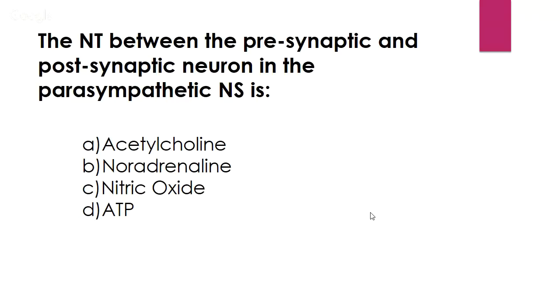The neurotransmitter between the presynaptic and postsynaptic neuron in the parasympathetic nervous system is... Who's got it? Someone said it, but who's got the elephant? You guys lose my elephant?